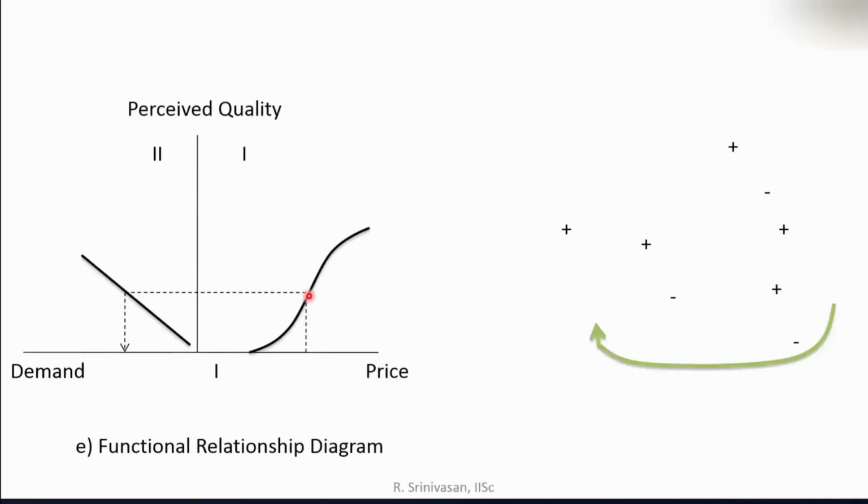Many times if the consumer is happy at this perceived quality level, you are also likely to be happy because you are likely to realize this particular level of demand at this particular price. So you say, okay, I stay put at this particular price. That is maintain demand. So you are at this maintenance marketing stage here.